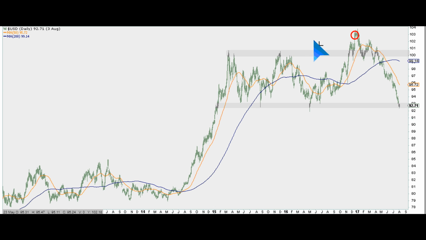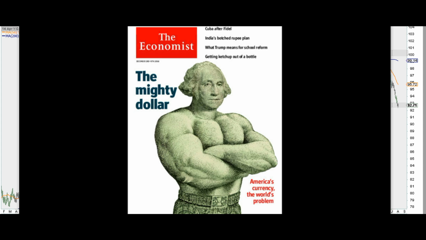And I think it's kind of funny because I have this highlighted here with this red circle. It was right here when a very popular financial magazine, The Economist, released the Mighty Dollar magazine cover. And my point in this is that typically by the time the media gets a hold of something, that's when, as an investor or market participant, we need to be wary because the timing on this, a sentiment has reached an extreme.